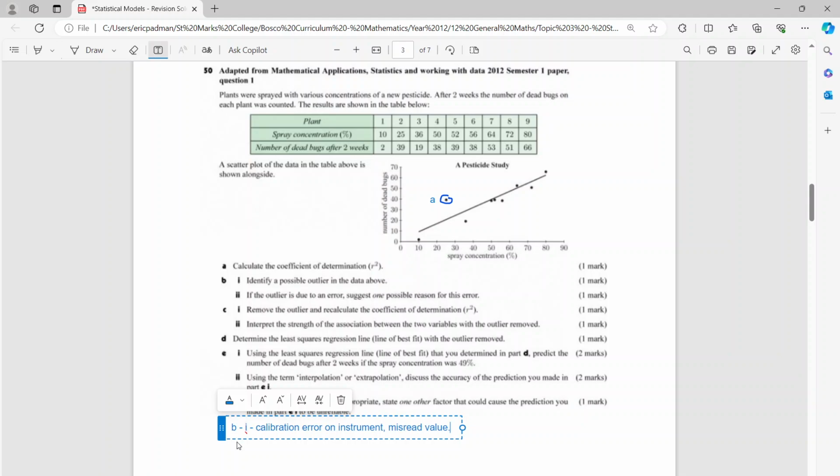You can come up with anything you like for that. That kind of makes sense if the outlier is used in error.